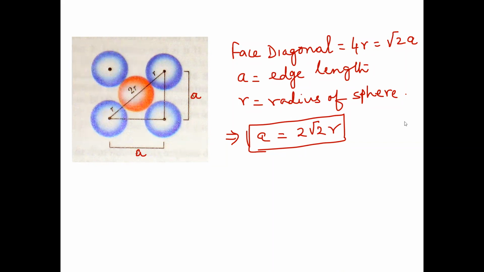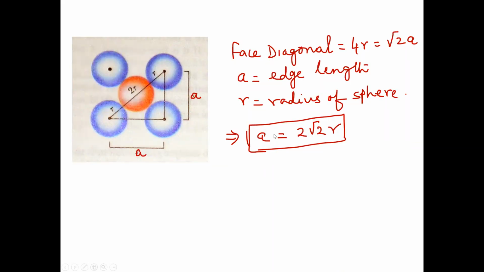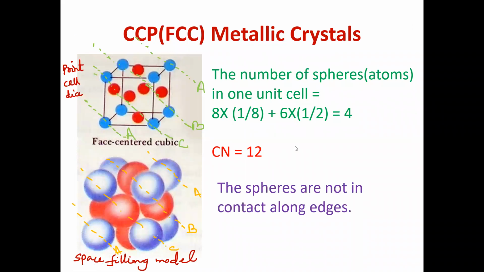Now see the geometry, how we are finding out the packing fraction. And the number of atoms in one unit cell, if you slice out one FCC cube from the gigantic lattice: obviously 8 into 1 by 8, I think we have seen it in models.